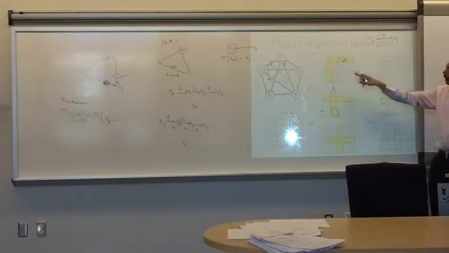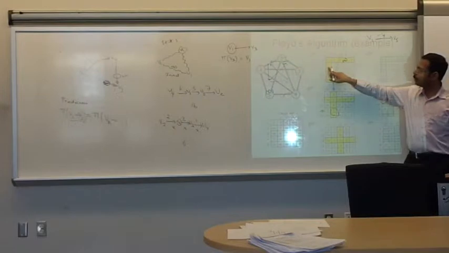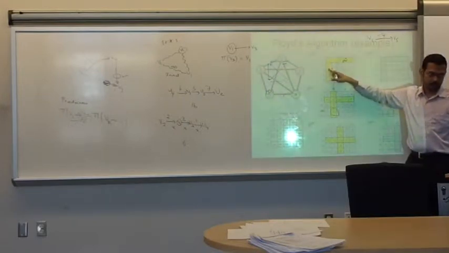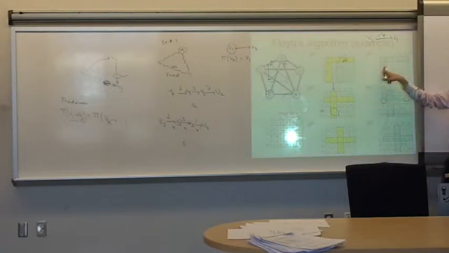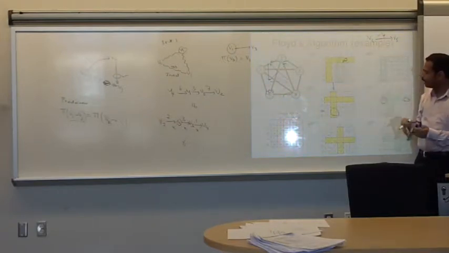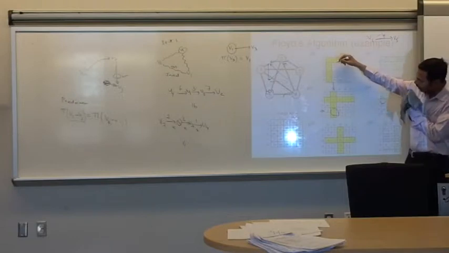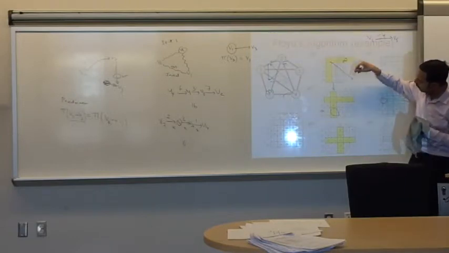So similarly, V2 to V1 is infinity, which means what? No edge. So there's no predecessor, not applicable. V2 to V3 again, there's no edge, so it's not applicable. Of course, from the vertex to itself to start with, it's all zeros. Okay?